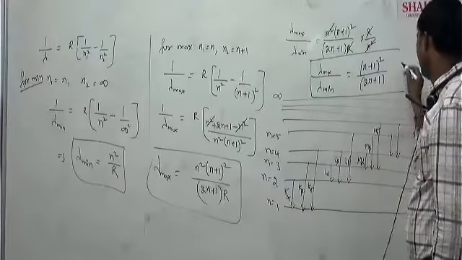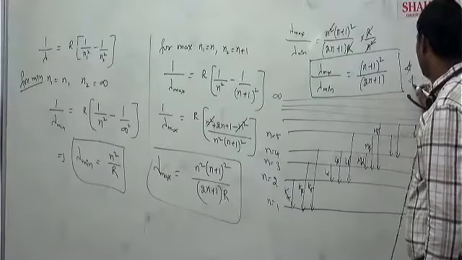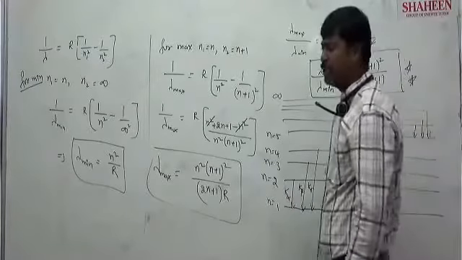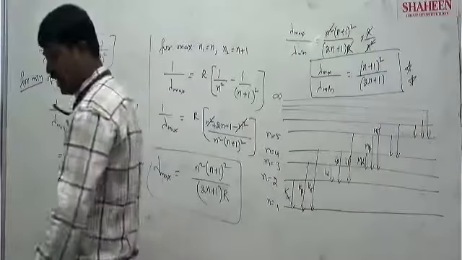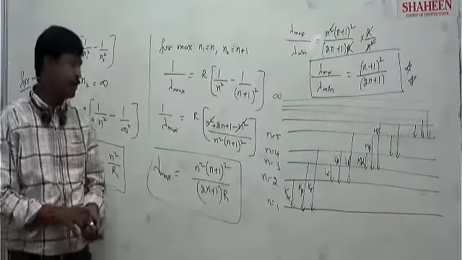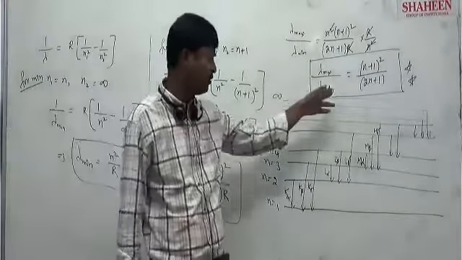This is the ratio of maximum to minimum wavelength of any spectral series. For numerical questions, we can directly substitute the values and get it.